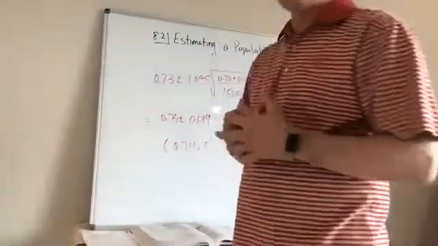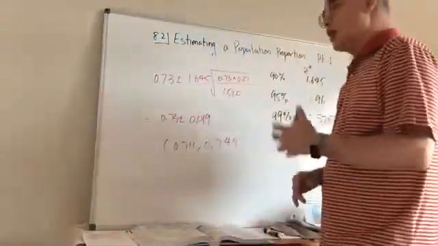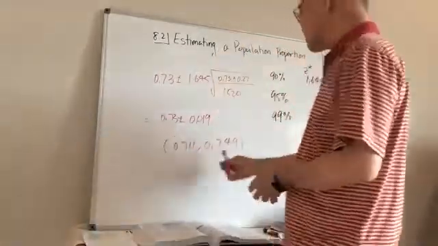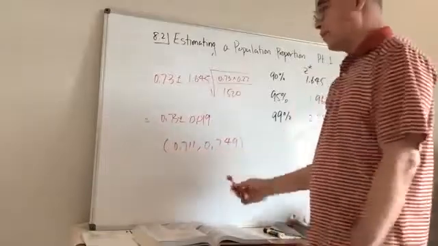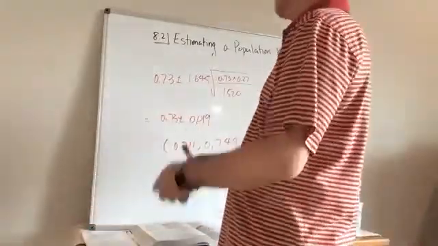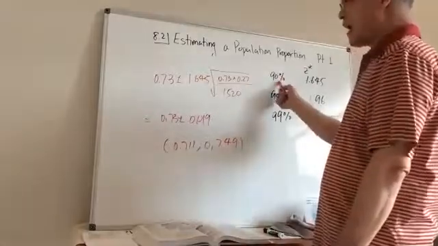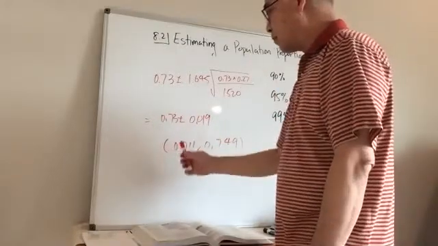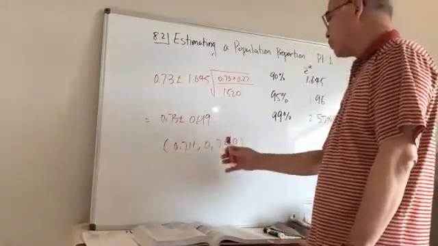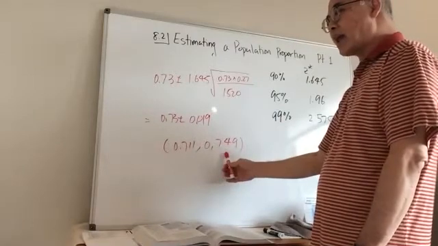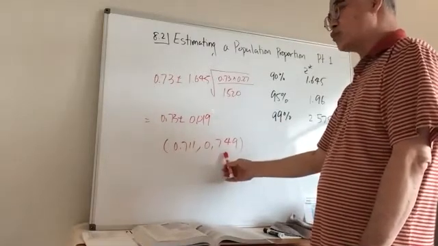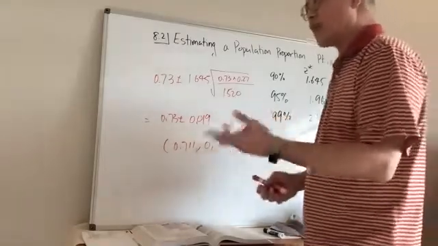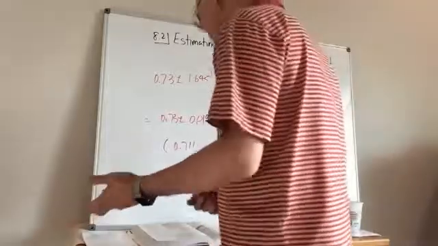And as always, the question that's going to be asked is to interpret the confidence interval. So this is the interval, right? The interpretation is: we are 90% confident that the interval 0.711 to 0.749 captures the true proportion of American adults who have read more than one book in the past 12 months.